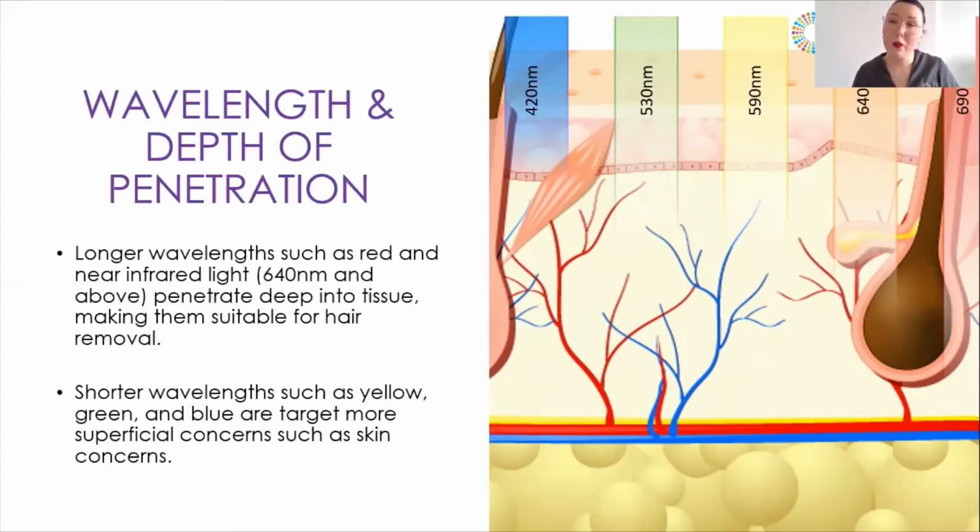So here it's going to be better for hair removal, getting down to that bulb, going to be better at focusing on papillary issues, so broken capillaries and inflammation, diffuse redness, and it's also going to be better for collagen and elastin production as well, such as our photorejuvenation. So depending on what wavelength we choose is going to depend on where we're targeting in the skin and what we're actually trying to target in the skin.